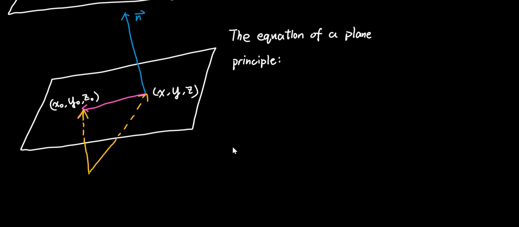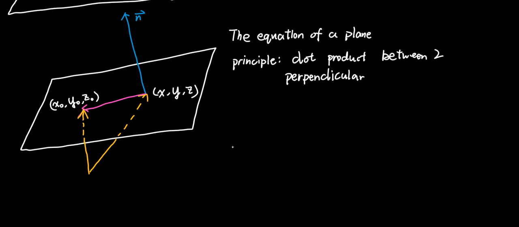And how can we find the equation of the plane? Well, the principle behind the equation of a plane is that the dot product between two perpendicular vectors is 0. In this case, these two vectors are the normal vector a, b, c, and the vector on the plane, that is this pink vector.